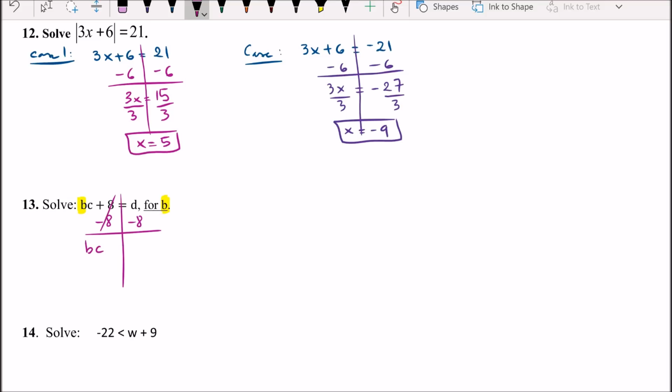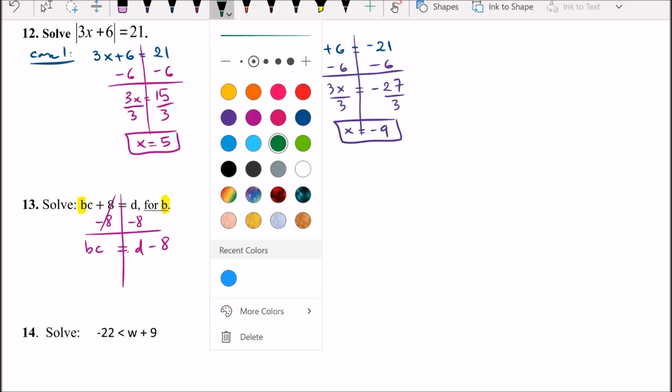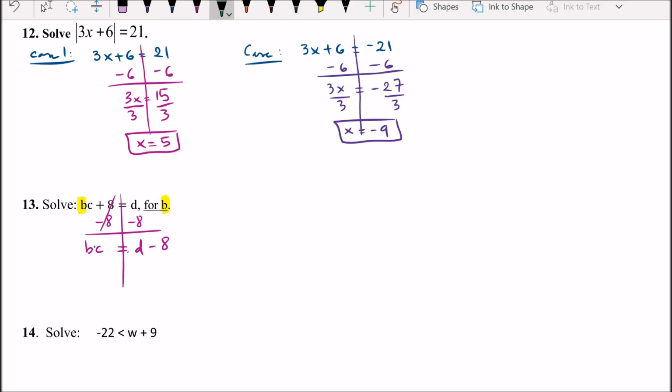Positive 8 and negative 8 cancel each other out, leaving you with d minus 8. Then since b and c side by side mean that they multiply, the reverse of that is dividing. So we divide by c on both sides. Let's cancel that. b equal to d minus 8 over c.